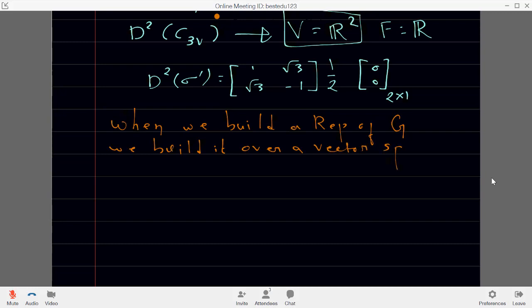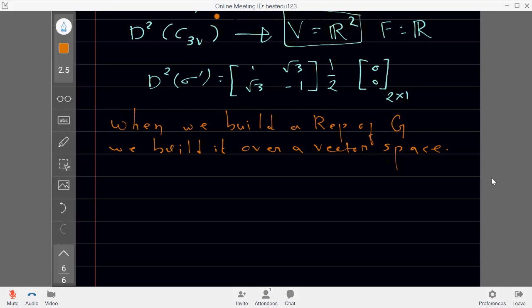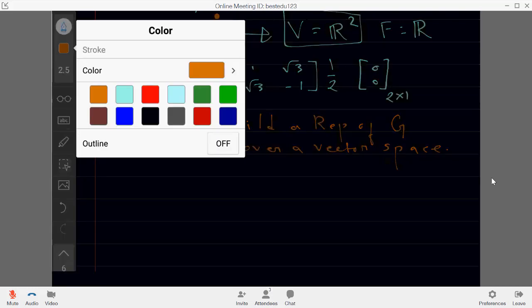Okay, what is the meaning of this sentence? Now it's very easy. We all know the definition of vector space, right? But what is the most interesting thing about a vector space? The most interesting thing about a vector space is the basis. So every vector space contains a basis.